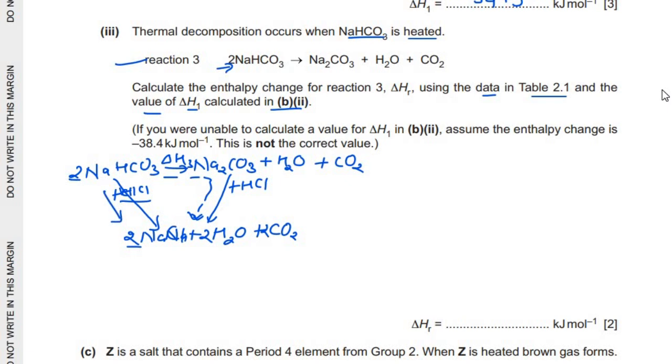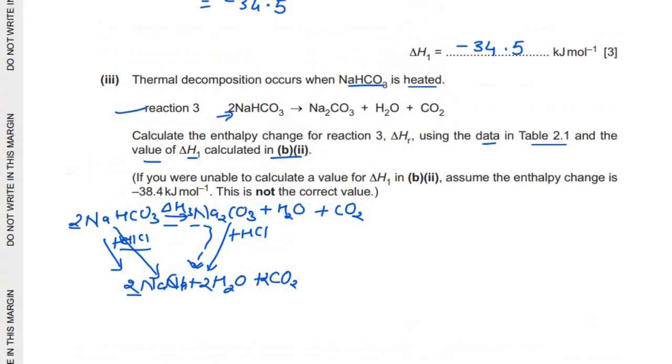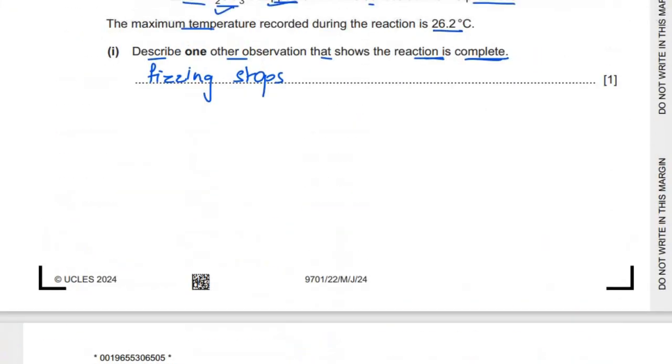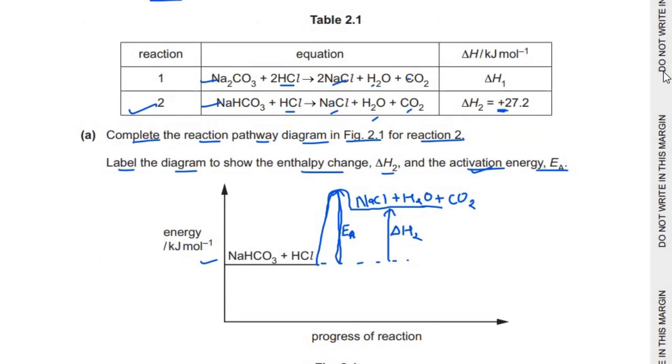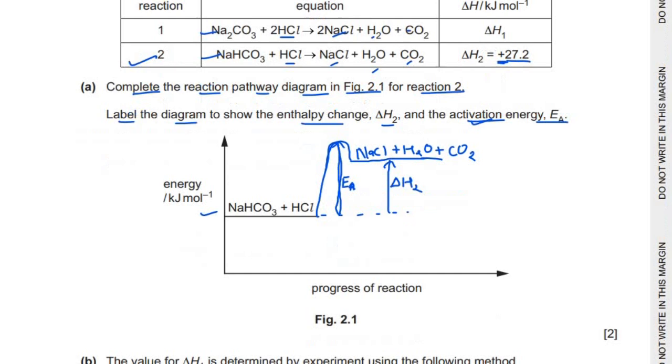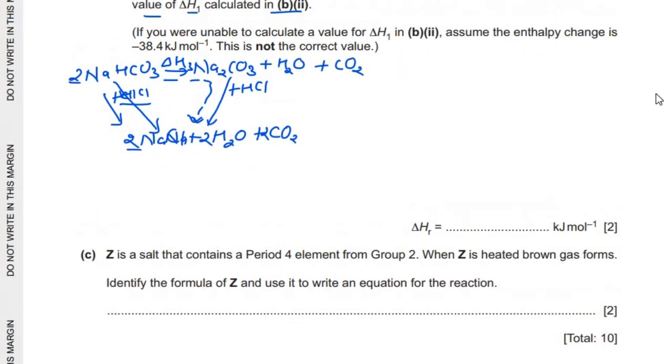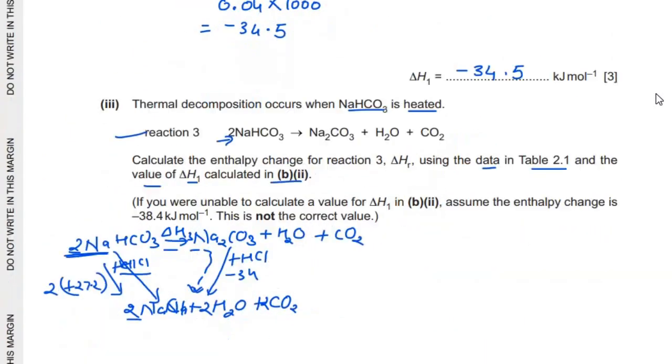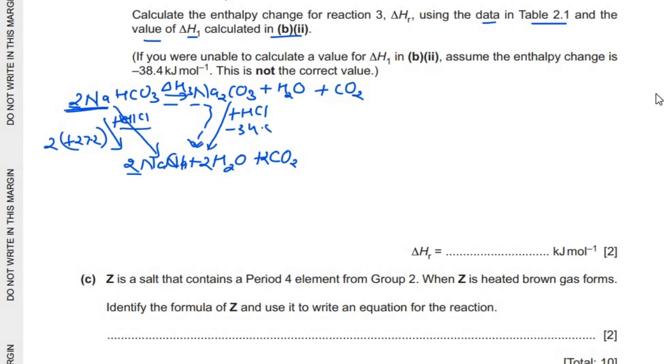Now the reaction value for the direct path is given here in the table, which is positive 27.2. We need to multiply it by 2 because here we have taken twice the moles used in the reaction in the table. Here we have calculated minus 34.5, which is what we calculated in the earlier experiment.